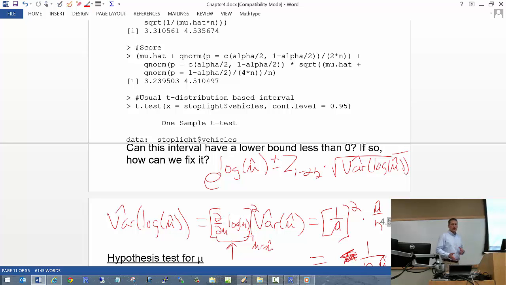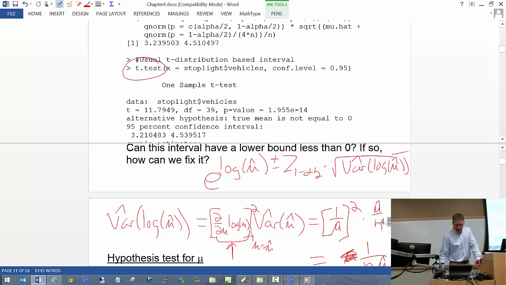What would be interesting to do is that, before you took this class, probably the way that you would approach this was to use the usual old t-distribution interval. So let's make a comparison here. And so I'm going to use t.test to give me my t-distribution interval. I think that was actually included in the intro to our set of notes.